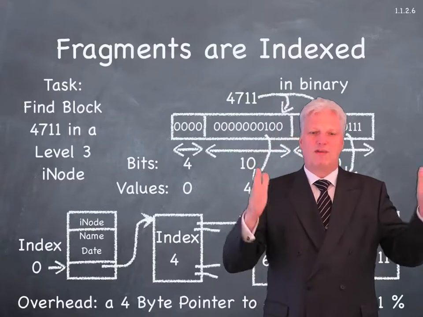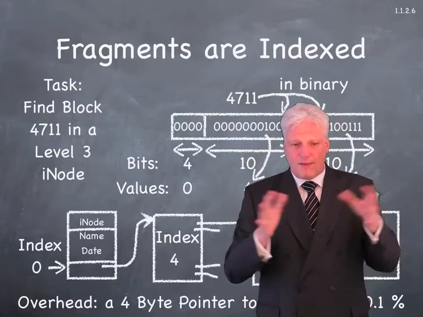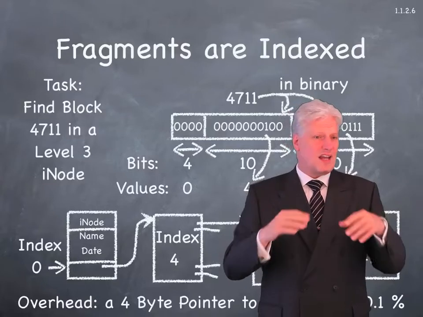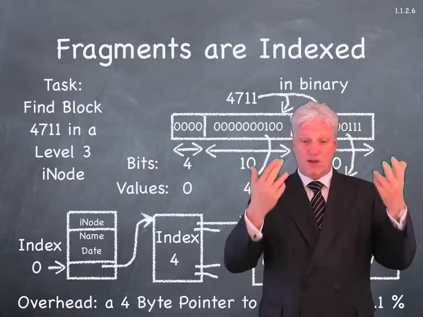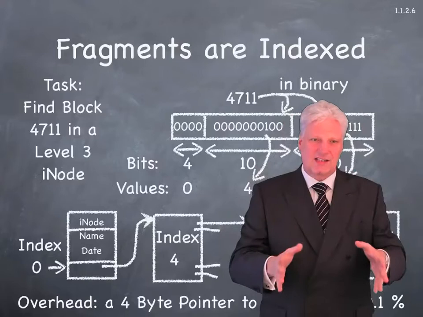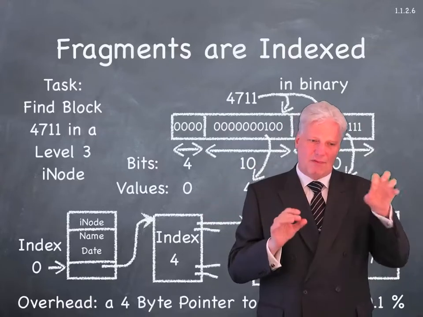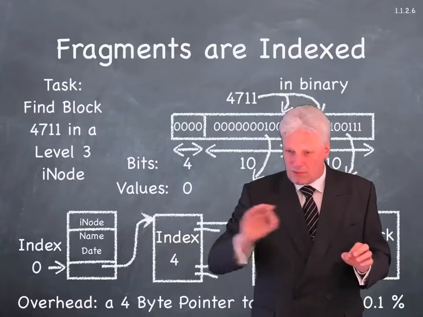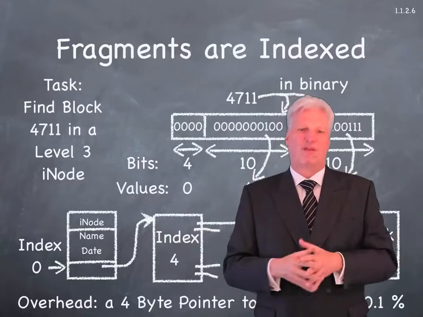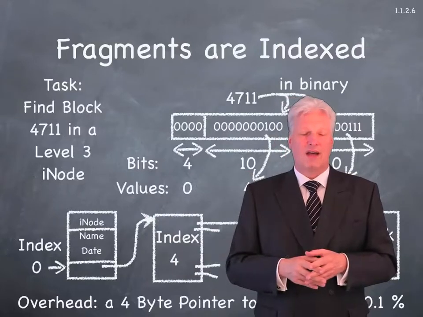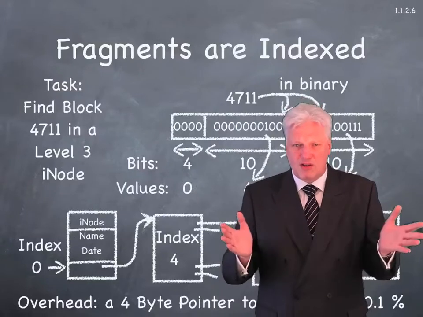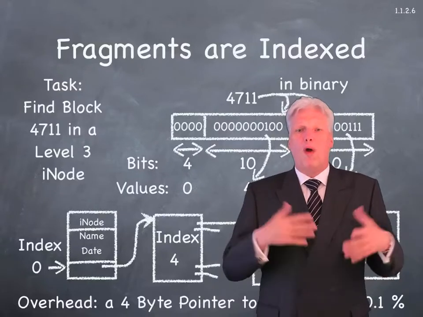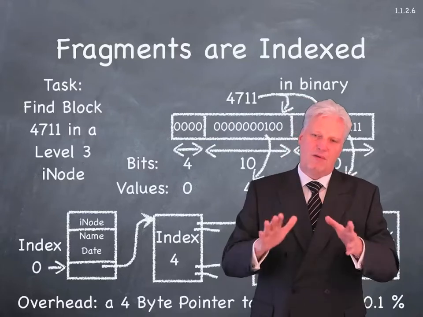So those 24 bits in total, that's all it needs. It takes the number 4711, it converts it into a binary number, and it slices it into those 3 pieces. And every one of these pieces immediately indexes a block. And with 3 indexes, the 4th access to the disk actually gets you the data. There is no searching, there is no sequential looking for where that data lives. It's very fast and very direct.